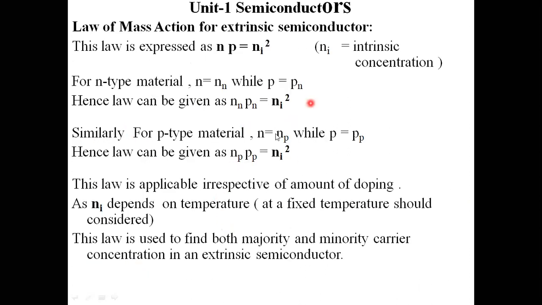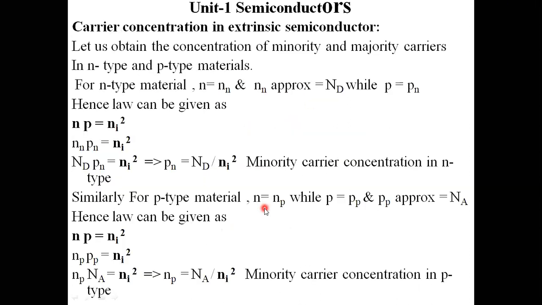By using the basic mass action law, I am obtaining the minority charge carrier concentration by this relation in n-type semiconductor material, and also in p-type semiconductor material. This is the main related theory with respect to the mass action law, applied for p-type and n-type semiconductor material.